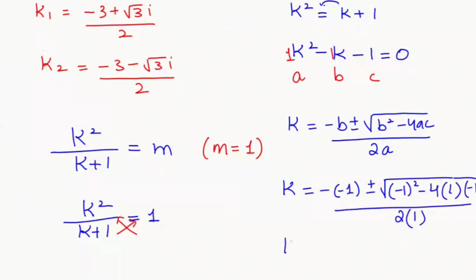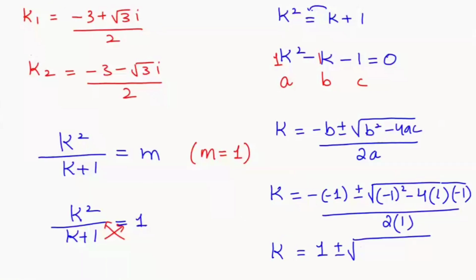This will turn to k is equal to 1 plus minus root of 1 plus 4 over 2, and this will turn to k is equal to 1 plus minus root of 5 over 2.